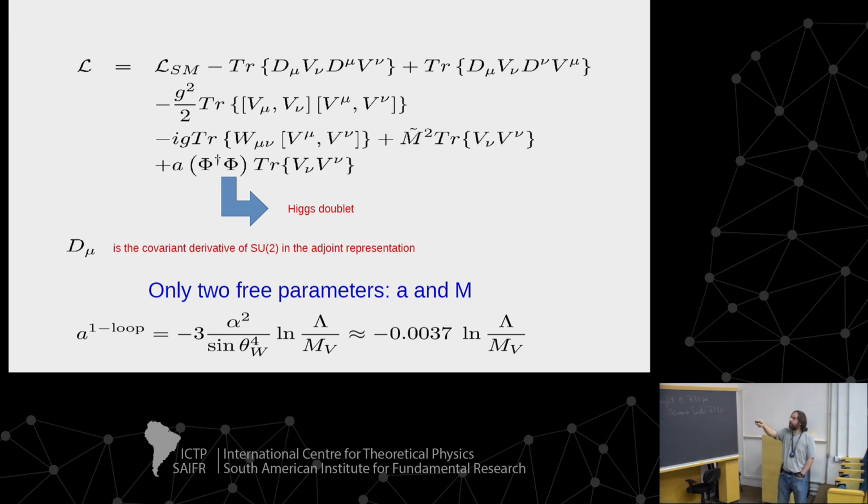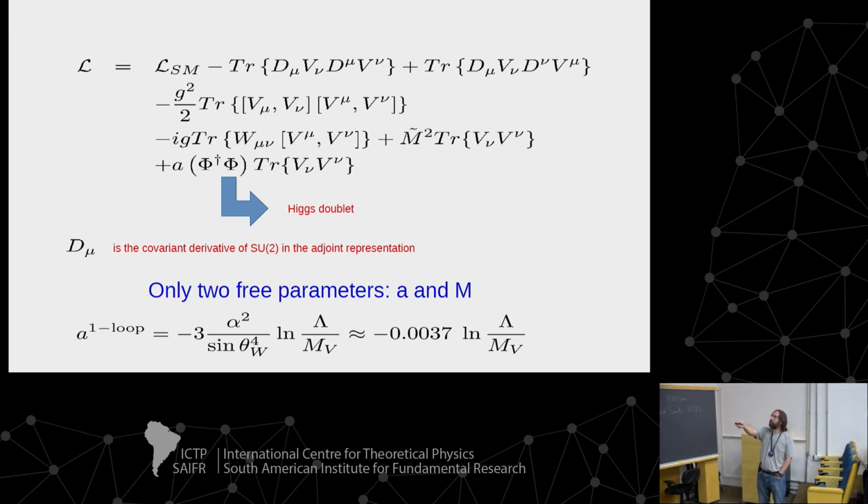So here, in this model, A is the coupling constant which controls the coupling of the Higgs to the new vector. It's tempting to put this A equal to 0, but it would be generated at loop level, so we have to put it here.